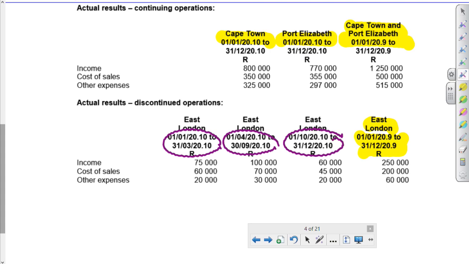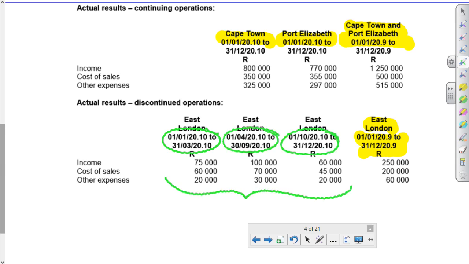But the reason that they're giving you all that split is just to confuse you, right? Because it makes you think, oh, I've got to show those numbers separately, isn't it? But what was it that I said to you at the beginning of the lecture? When we have discontinued operations, we show the operation as discontinued for the whole year, isn't it?